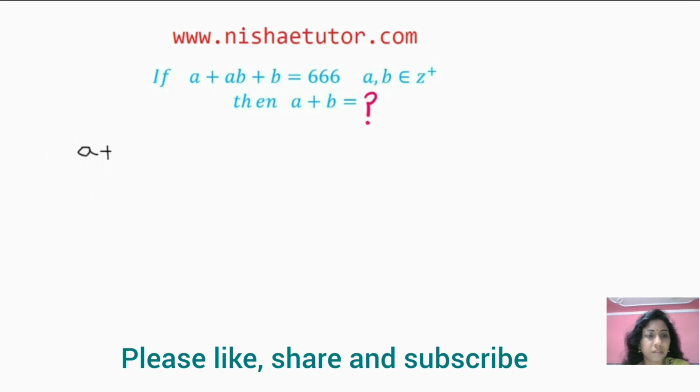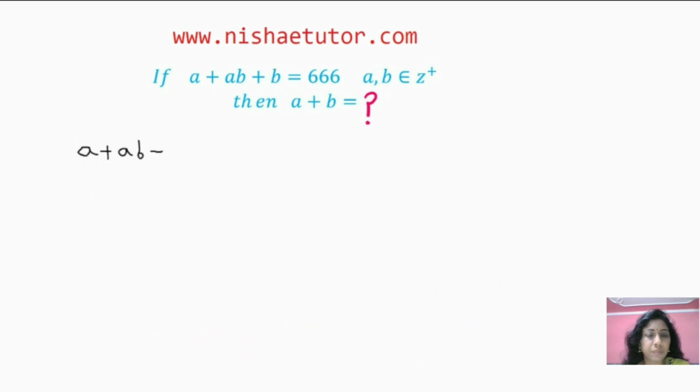First we rewrite this equation: a + ab + b = 666. Let's focus on the first two terms. We can take a common from here, so we get a(1 + b) + b = 666.